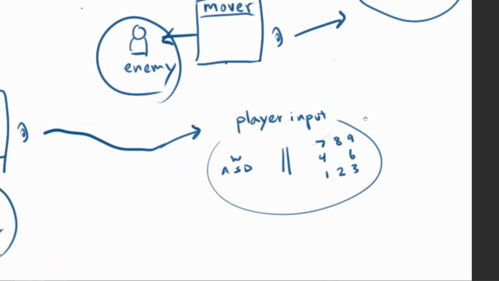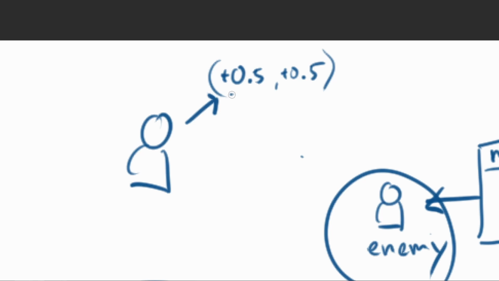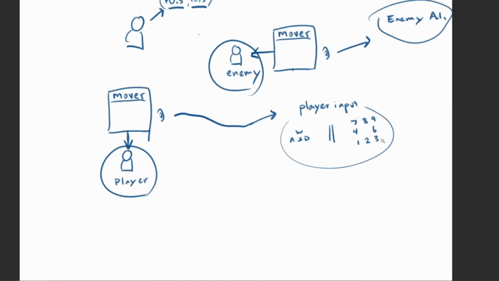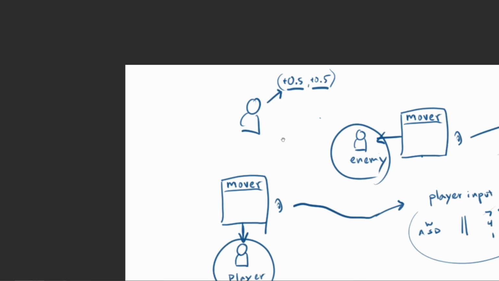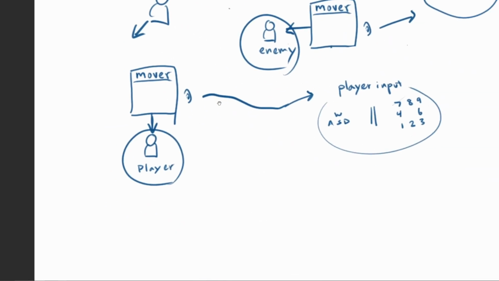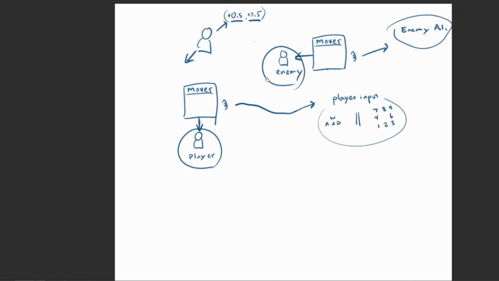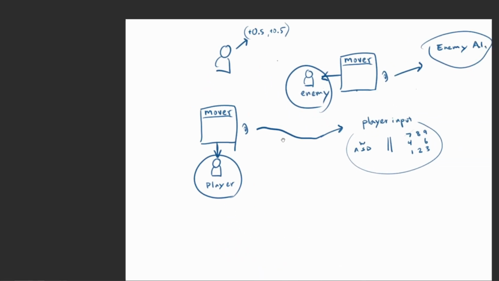That's going to tell the function to add 0.5 to the x and 0.5 to the y, which will make the character move up and to the right. Conversely, if we press the 1 key, it will do minus 0.5, minus 0.5, which makes him go this way. If we press the 6 key, it just adds 0.5 to the horizontal, which is the x, so he'll go that way, and so forth and so on.